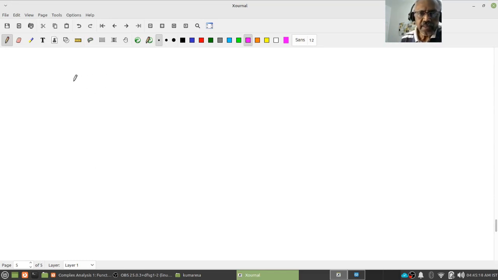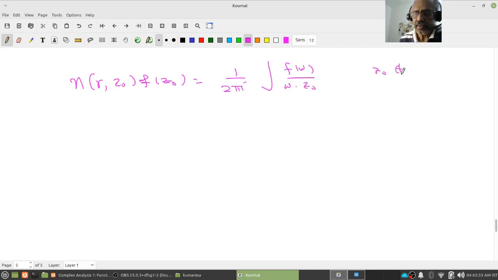So let me recall. Therefore n gamma z0 into f of z0 equals 1 by 2 pi i integral of f of w by w minus z0 for every z0 not in gamma, that is for every z0 in U minus gamma.